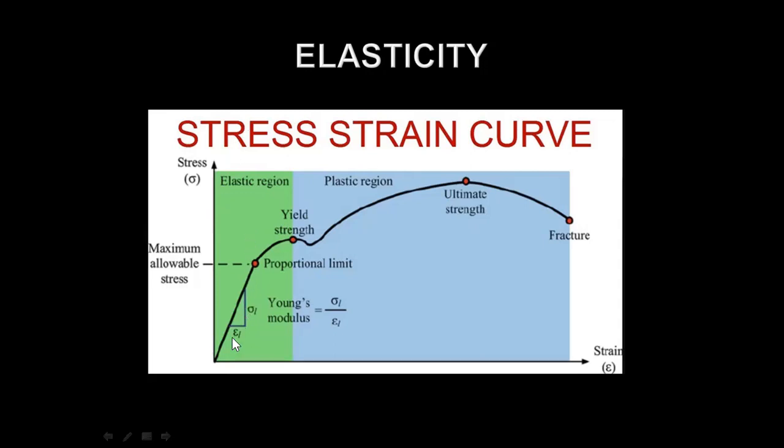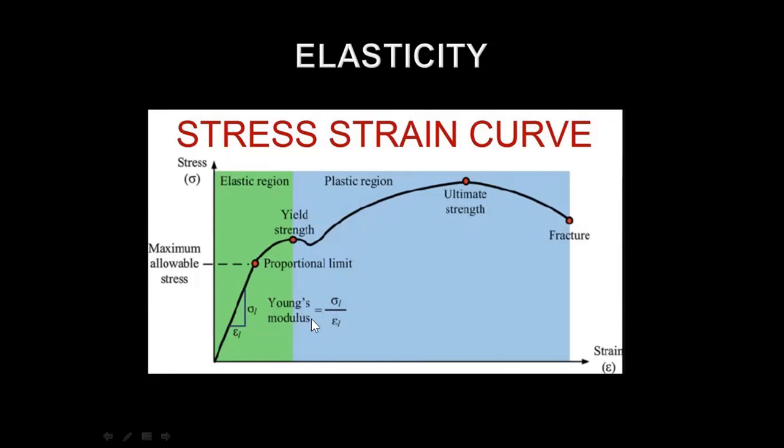The graph now shows the linear increase in the material's stress. This point pertains to the maximum allowable stress. It is also the proportional limit. The slope of this straight line, prior to the proportional limit, pertains to your Young's modulus.